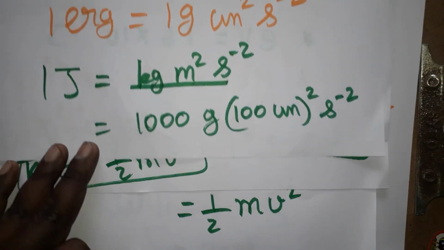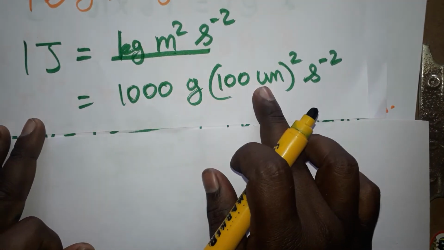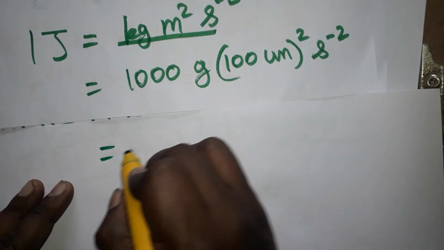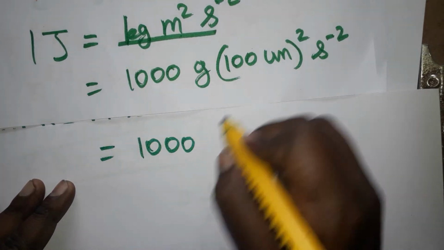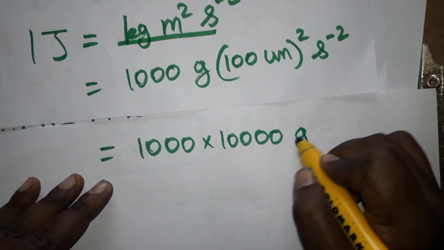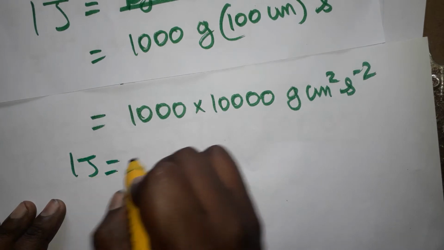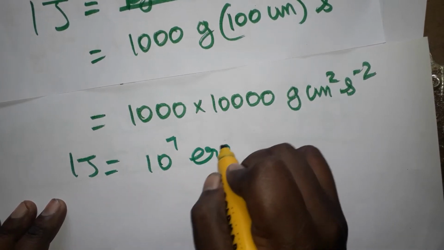Because 1 meter is 100 centimeter, meter square is 100 square, so 100 into 100 is 10,000. So 1 joule is 10 power 7 erg.